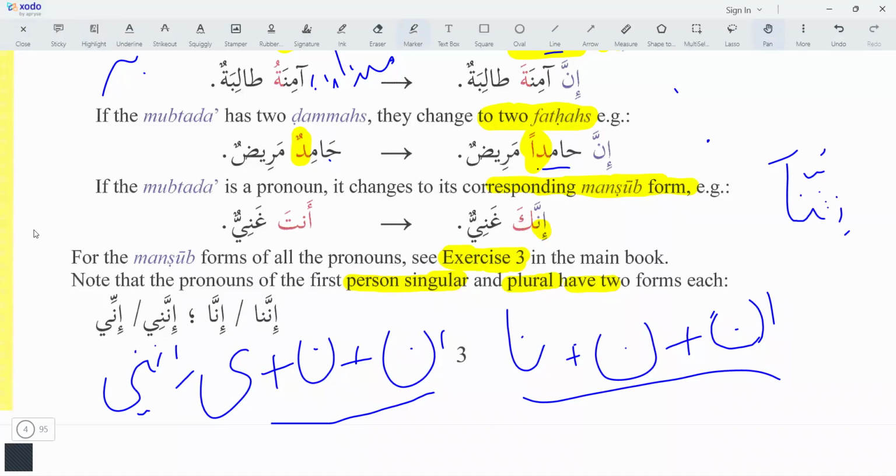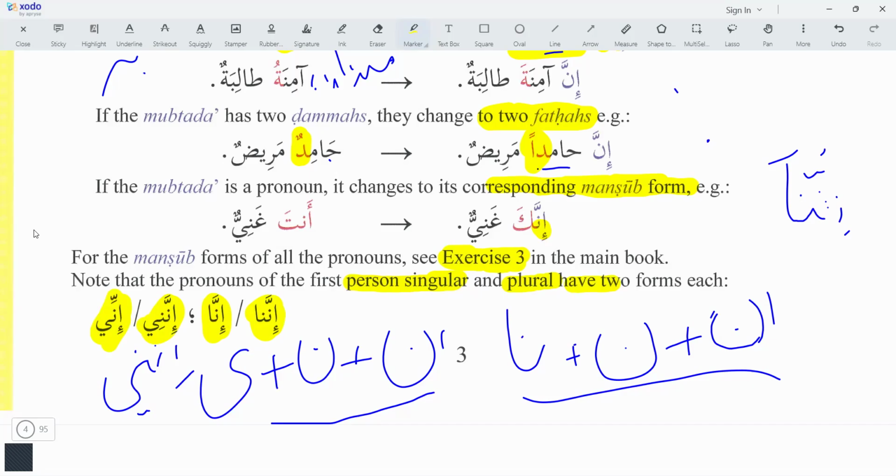You have a choice. You can use any form. You can use innana with the noon wiqaya, and you also can use innā without the noon wiqaya. Both are correct. You can use innani and you can use inni.